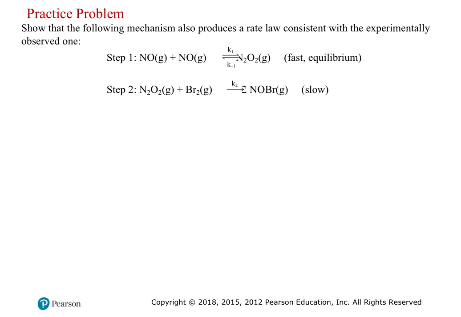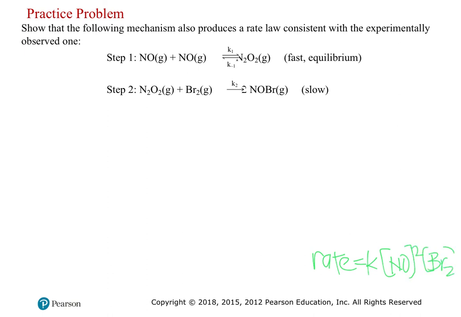In this case, we have another idea of how 2 nitrogen monoxides and bromine react to form nitrosyl bromide. So here's a second mechanism that is proposed. So we know that experimentally the rate law, as was noted earlier, is K times nitrogen monoxide squared times bromine.